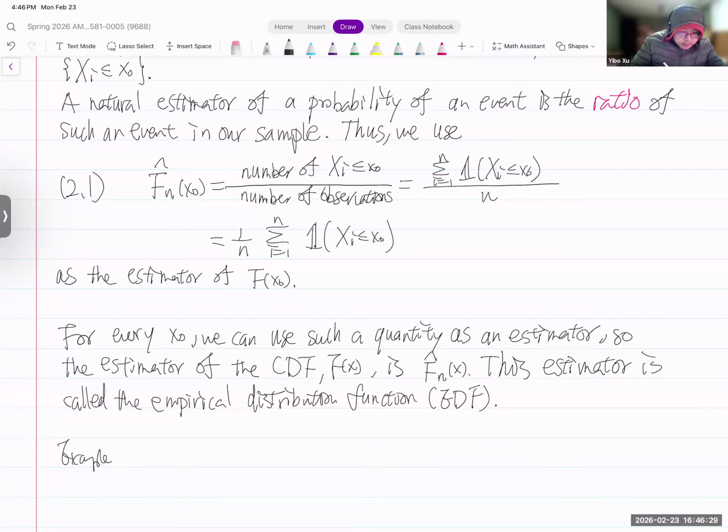Example: 5 observations. Let's say 1, 1.2, 1.5, 2, 2.5. These are 5 samples, and they are going to be the breakpoints of your definition.